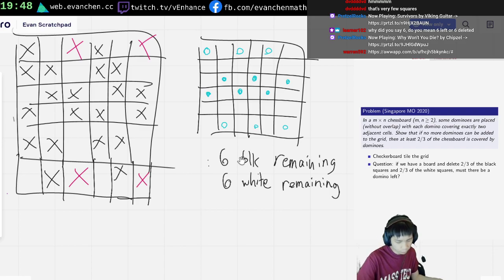I feel like I should be only thinking about one color though, because I think I want to break the symmetry, right? And say I have strictly more than a third of the black squares. Show that the black squares can't something.